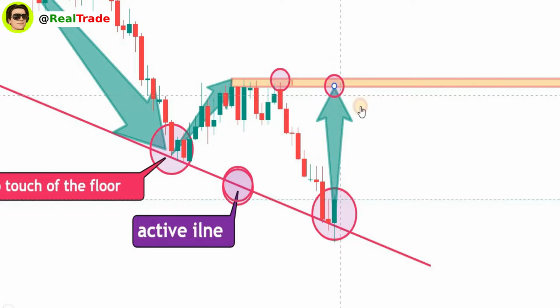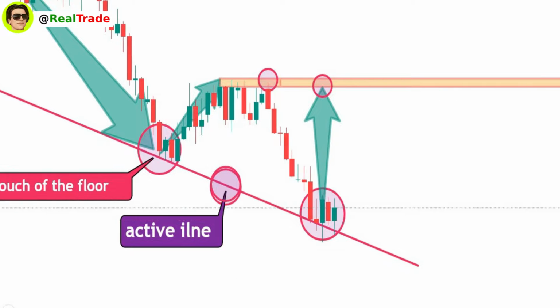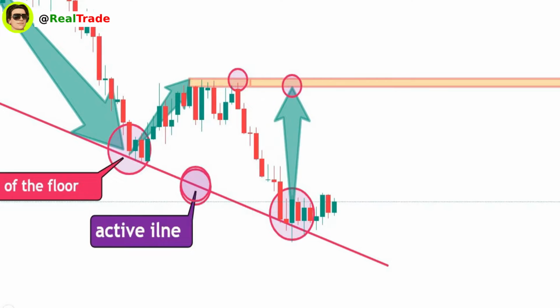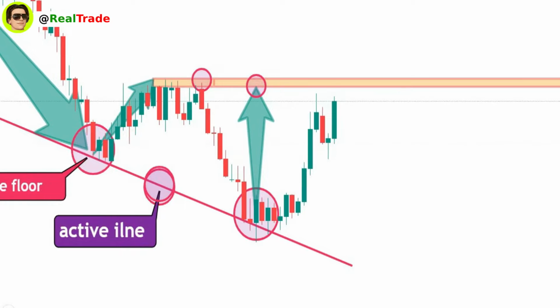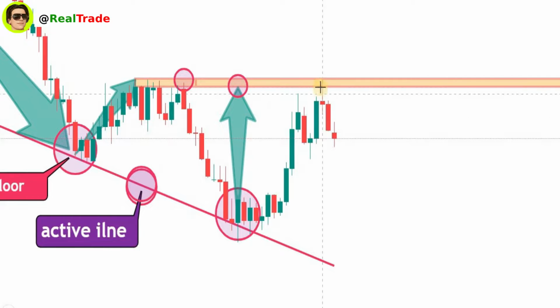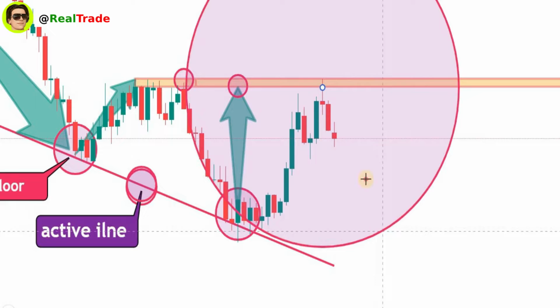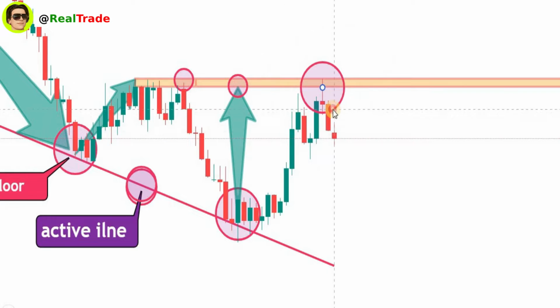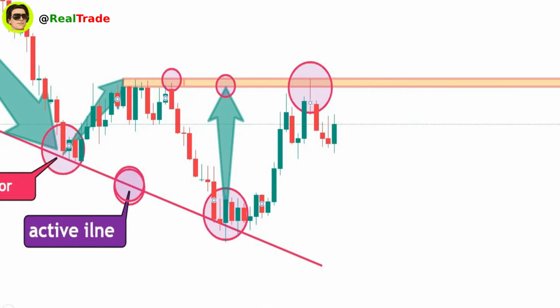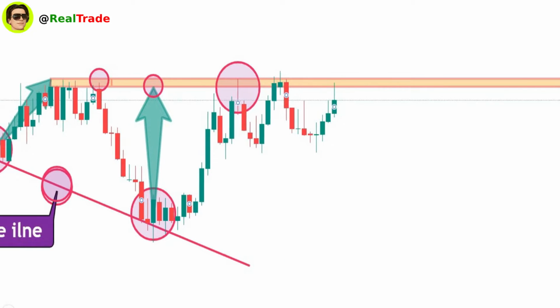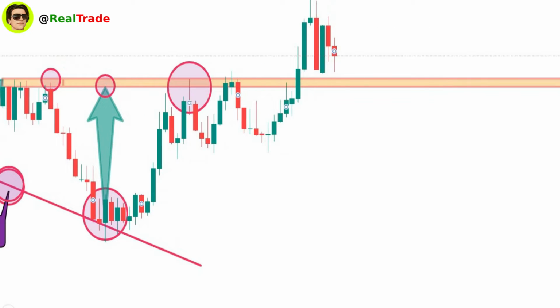The next local resistance is a very good profit. Yes, continue, touch. Yes, touch a local resistance. Yes, very good, very good.